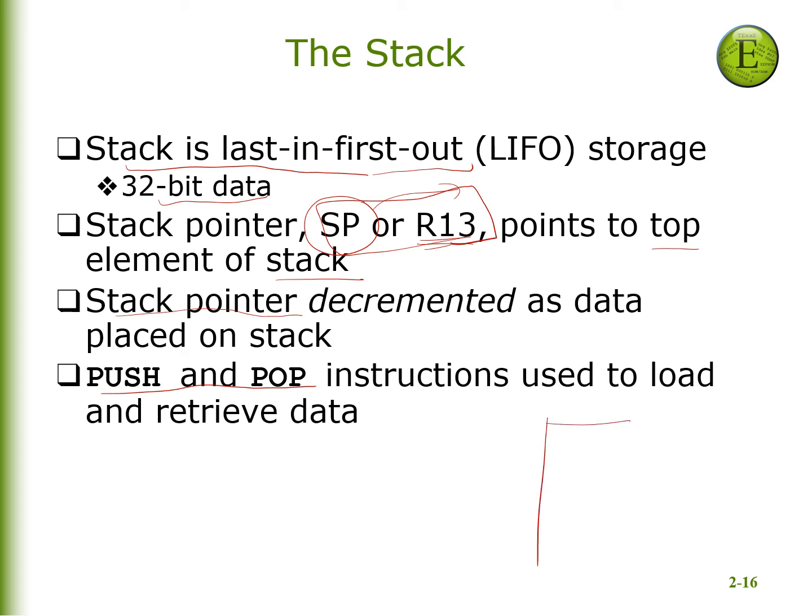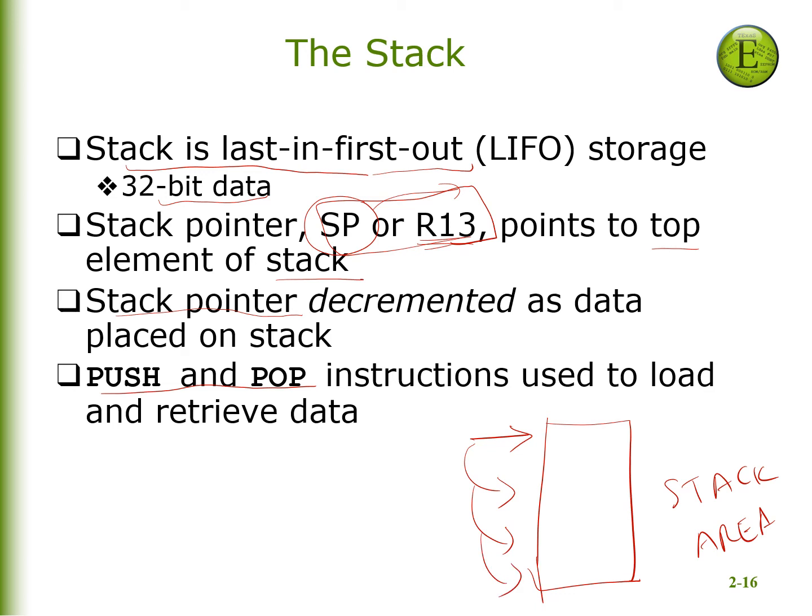So the conception is that if this is the stack area that you wish to use in the program, then the stack pointer will start here, at the topmost address, and each time you put data onto the stack, it comes down like this. That's the push operation, and the pop operation goes in the other direction.